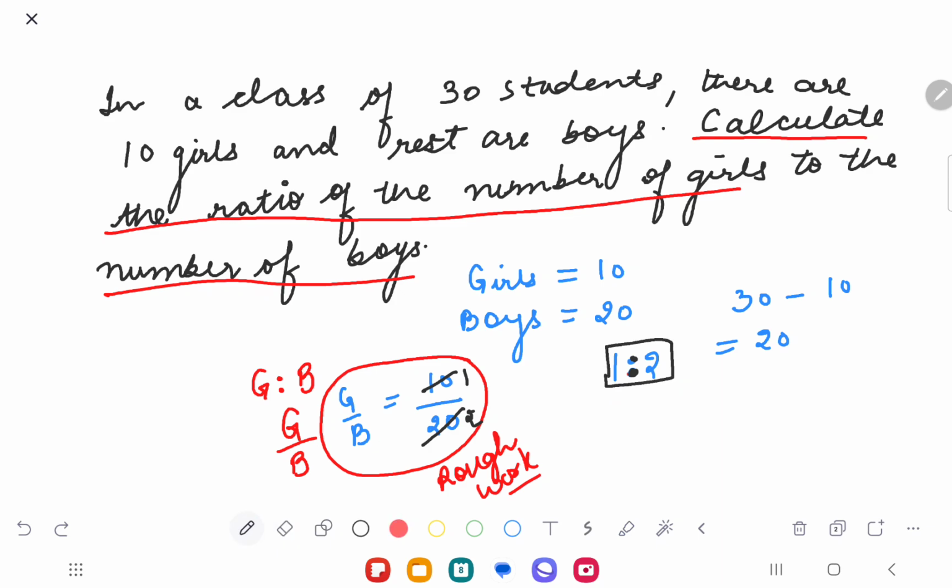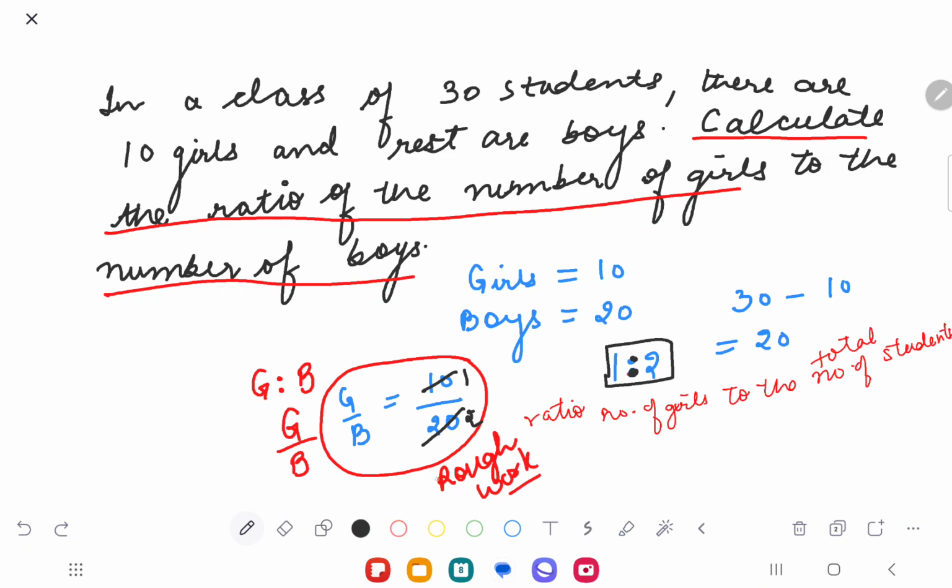Understood or not? Understood. So for example, I could have said calculate the ratio of the number of girls to the total number of students. So whose ratio am I supposed to find here, Adam? What is the question wanting me to do?